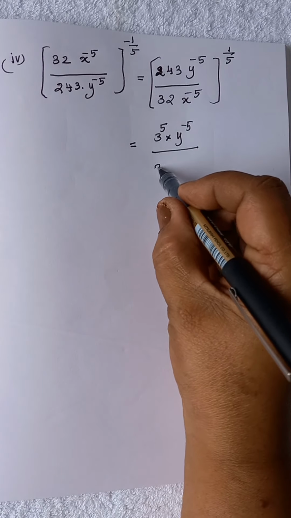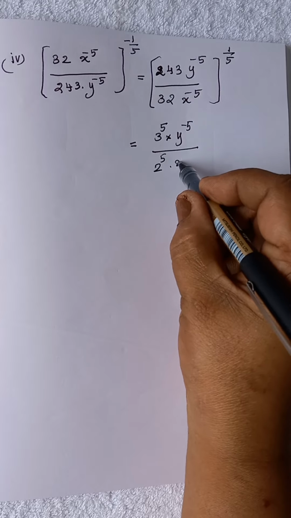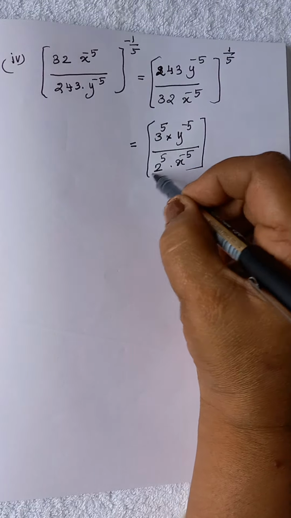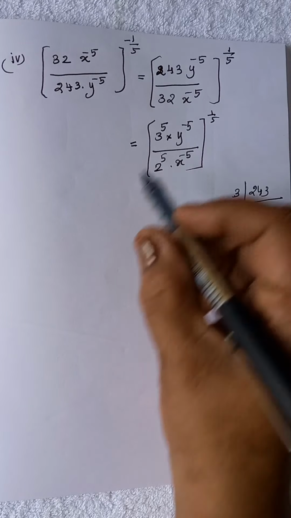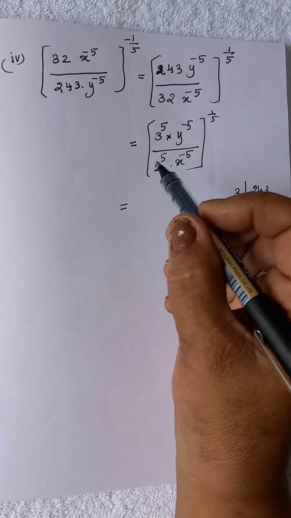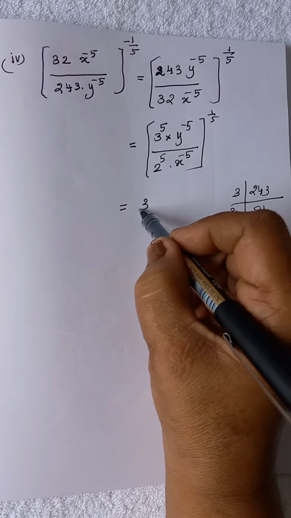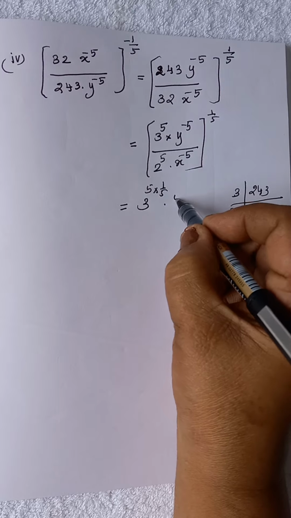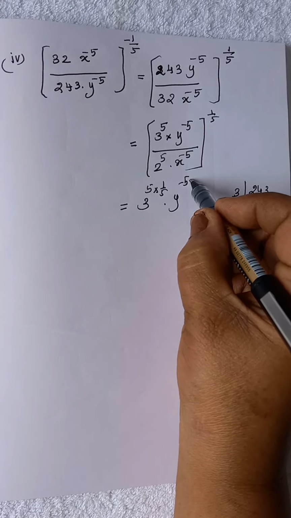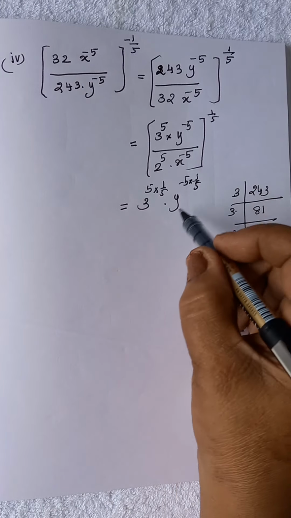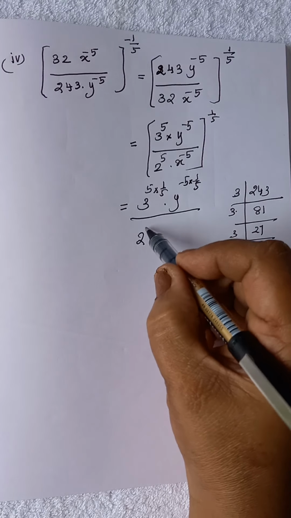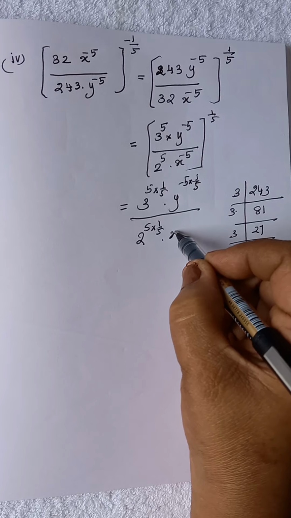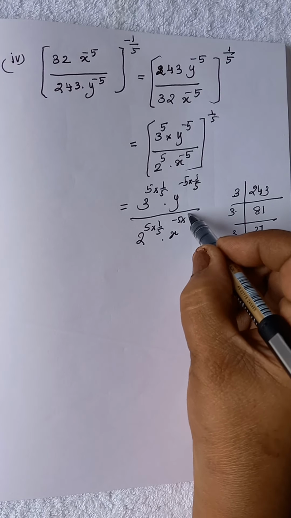So 2 raised to 5 into x raised to minus 5 whole raised to 1 by 5. Now this is equal to 3 raised to 5 into 1 by 5 into y raised to minus 5 into 1 by 5 whole divided by 2 raised to 5 into 1 by 5 into x raised to minus 5 into 1 by 5.